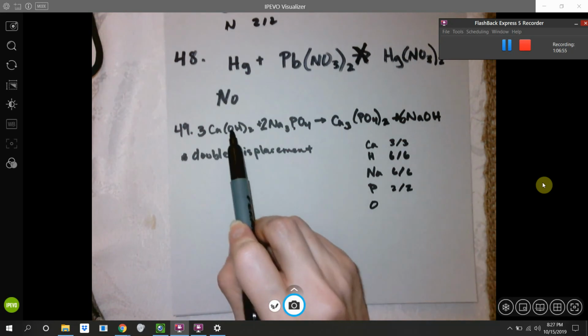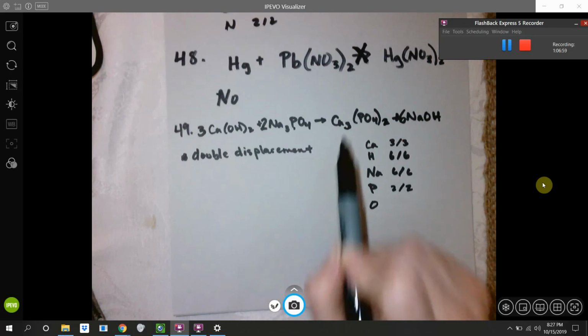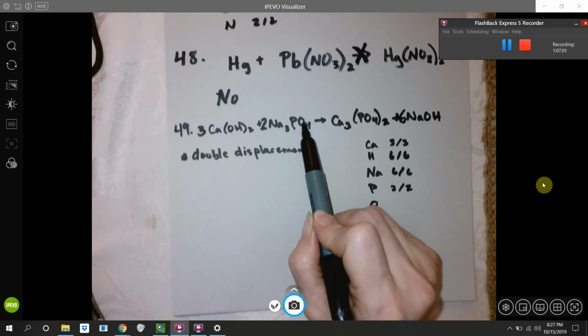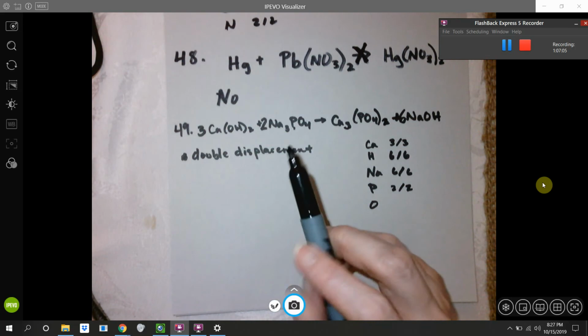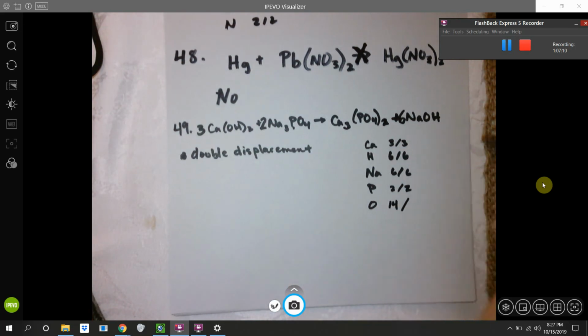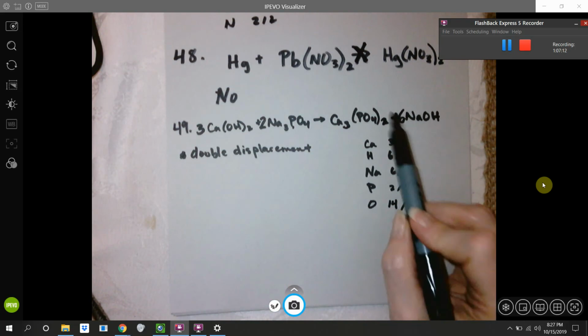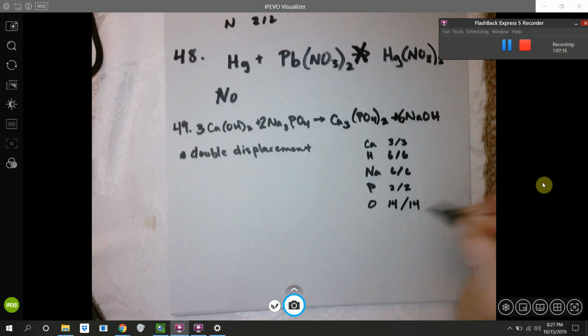Here, oxygen times 2 times 3 gives us 6 oxygens, plus our oxygens from over here, so 4 times 2 is 8. So 6 and 8 give us 14 oxygens altogether. Over here, we have 4 by 2 is 8, plus 6 more gives us 14 oxygens as well.